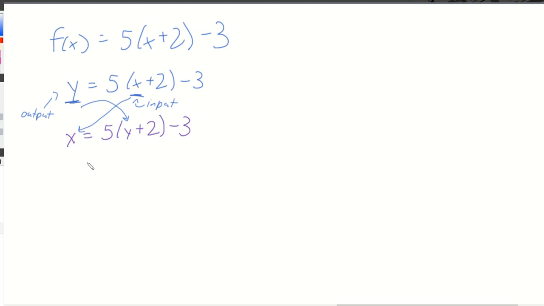Why? You better divide one side by 5. The whole thing is going to be 5.